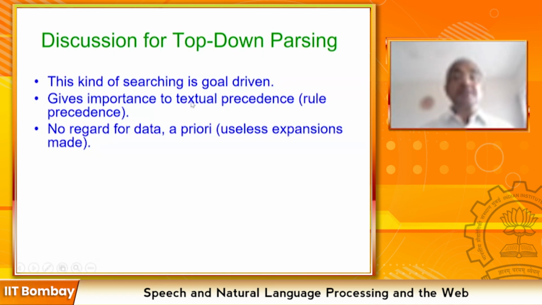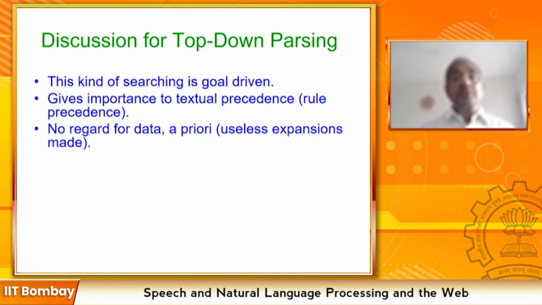So the textual precedence is given importance. You first apply the rule that comes first, and no regard is given to data. I know that there is no determiner in the sentence, still I apply DT and expect a DT in the sentence, which is wasteful effort.